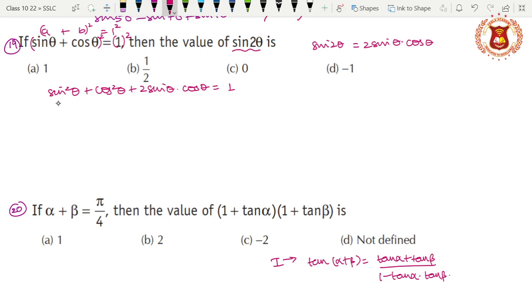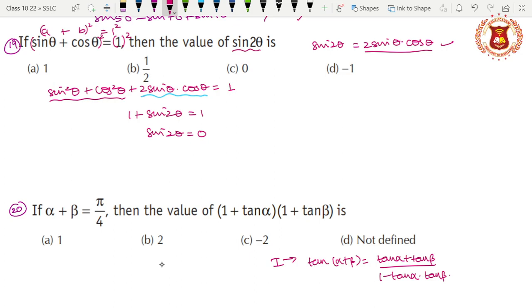Now as we know the identity, sine square plus cos square is 1, plus, using the identity, 2 sine theta cos theta is sine 2 theta. So 1 plus sine 2 theta is equal to 1. Sine 2 theta is equal to 1 minus 1, which is equal to 0.